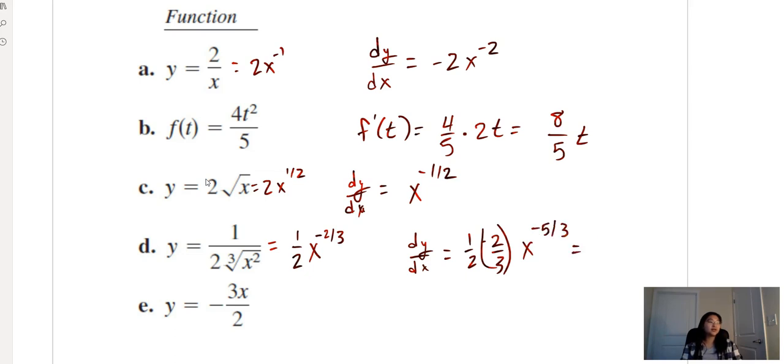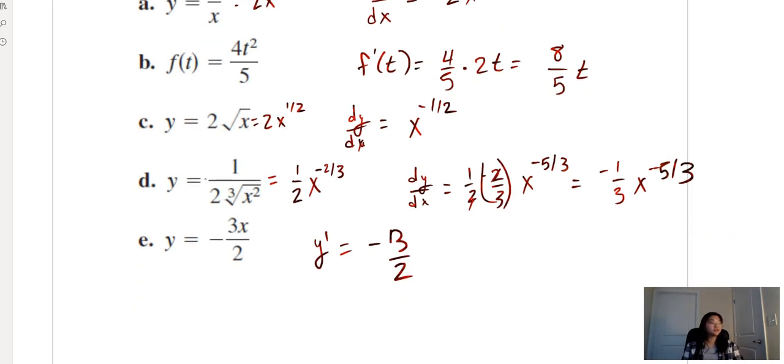So that means I get negative 1/3 x to the negative 5/3. And y, I'm going to write this as y prime because I'm feeling lazy now. Oh, that's just a line. What's the slope of the tangent line to that line? It's always going to be negative 3/2, excuse me.